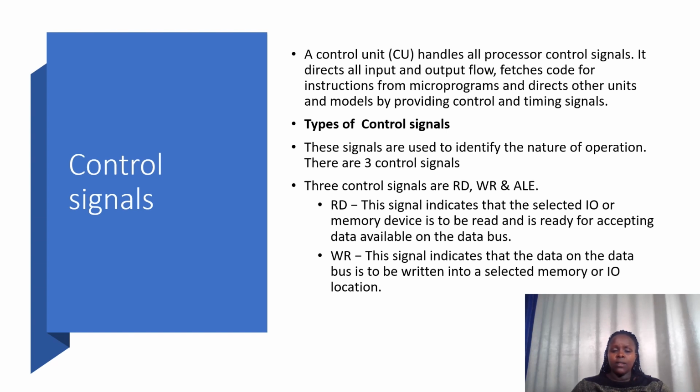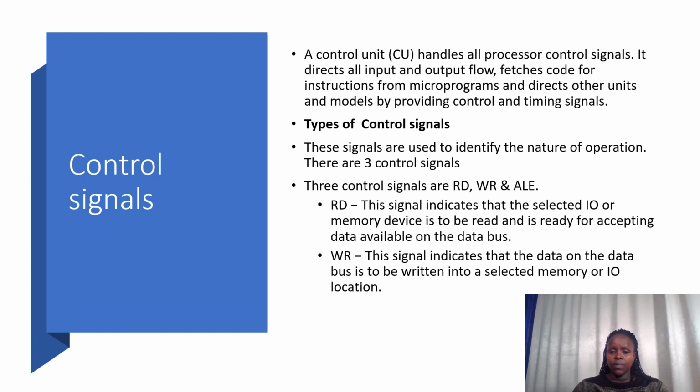RD: this signal indicates that the selected input or output or memory device is to be read and is ready for accepting data available on the data bus. You know that the data and the instruction should pass through the data bus.